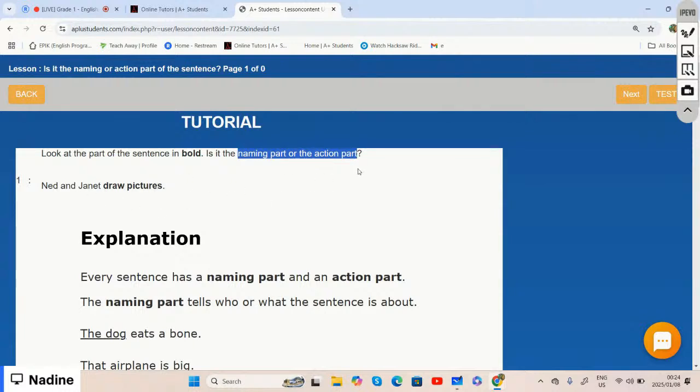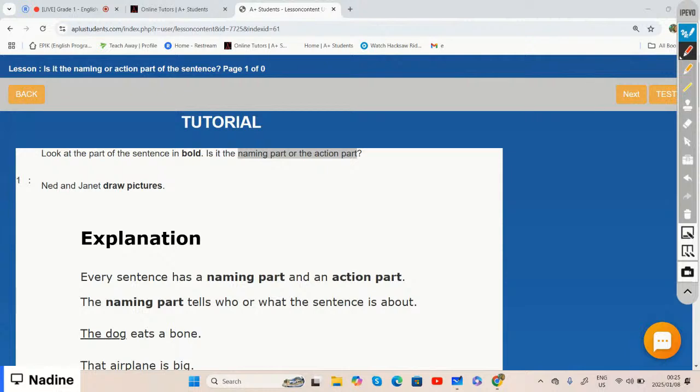So the words draw pictures, is that a naming part or is it an action part? Ned and Janet draw pictures. If we look at the words in bold, is it a naming part or an action part?